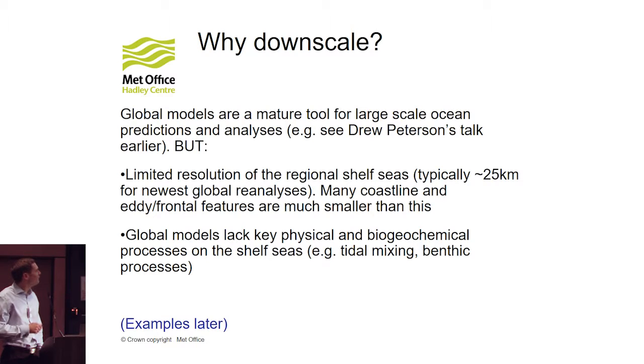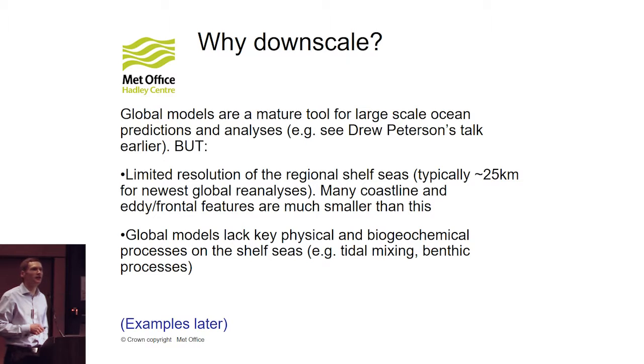Alongside that, partly related, partly a distinct issue, is that global models generally, and again there will be exceptions, lack some of the key physical and biogeochemical processes that we're more interested in for the shelf seas, such as tidal mixing and benthic processes.